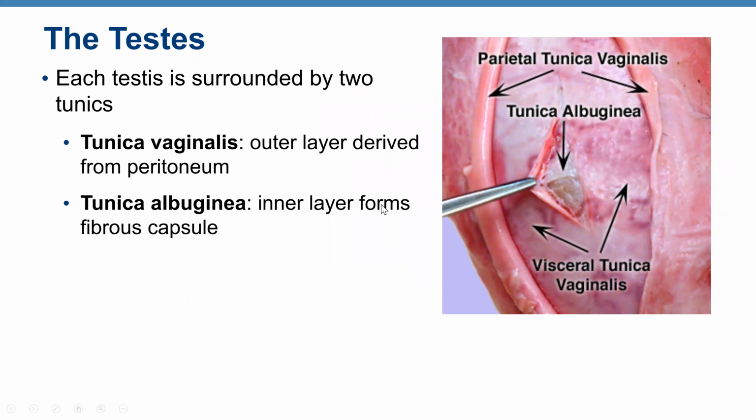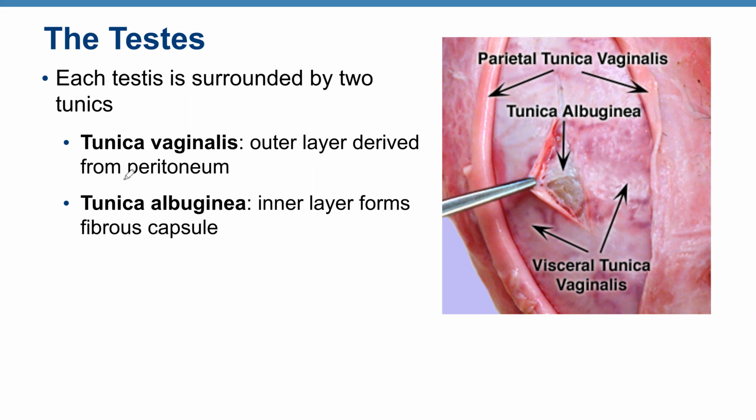Each testis is surrounded by 2 tunics. Tunica vaginalis is the outer layer derived from peritoneum. Now, if you remember, peritoneum is a serous membrane found in the abdominal and partially in the pelvic cavity.